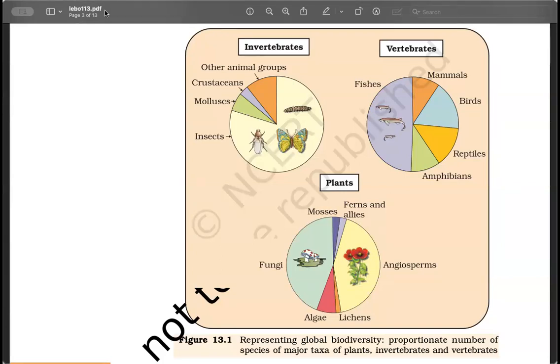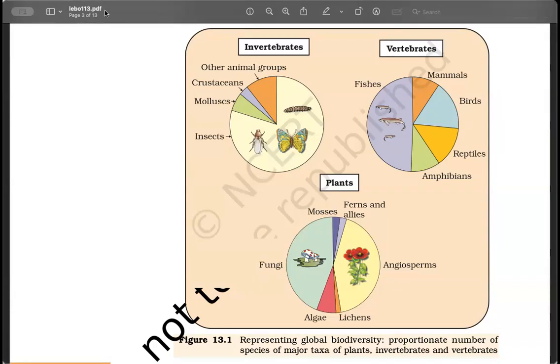Fishes are in the majority. From this pie chart it can be seen that in the world fishes are more in number than mammals, birds, reptiles, amphibians. For example, if there are 50 mammals, birds, reptiles, amphibians, the other 50 will be fishes.